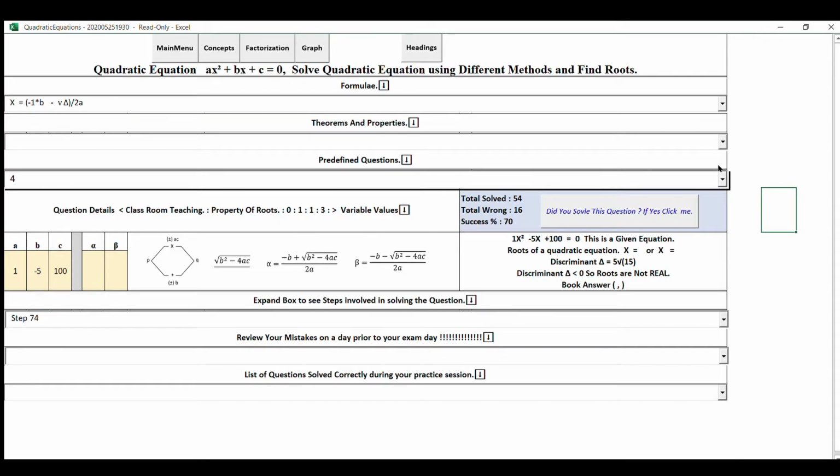So let's look at the property sums. Now choose question number 4. All right. In this question, the discriminant delta is equal to 5 square root of 15. Did you see this? Which is greater than 0.